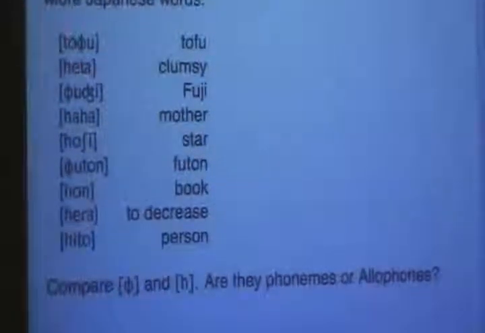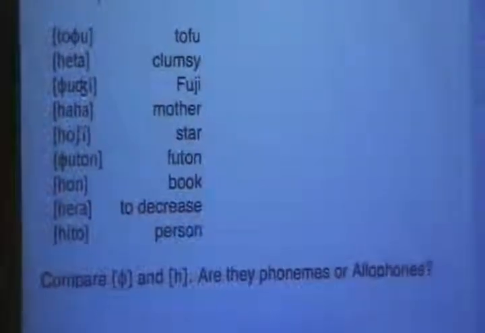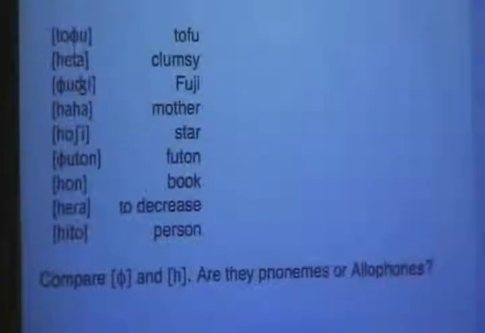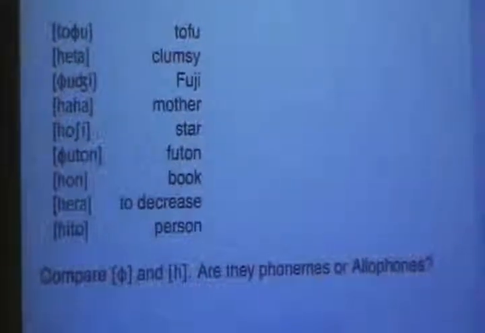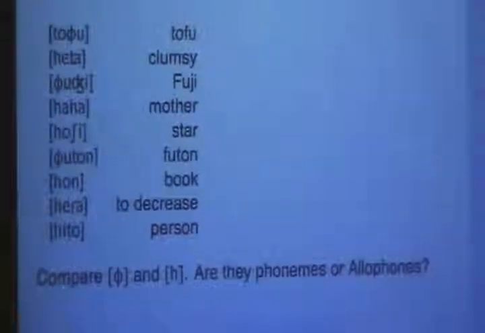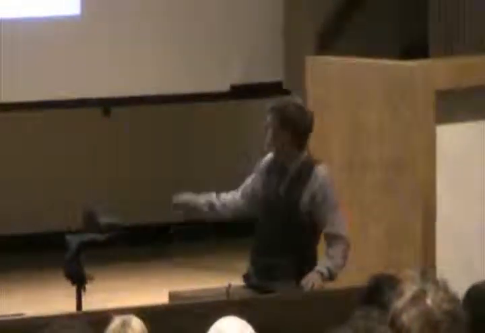Well, Japanese has decided to make that a sound. So the word for this thing in Japanese is tofu. Not with a t-o sound, but with the bilabial fricative. And this thing here in Japanese is futon. Probably actually futan, but not futon.